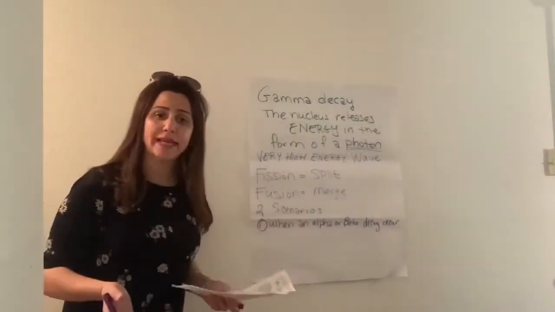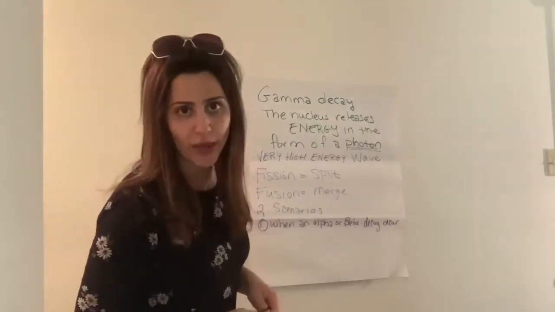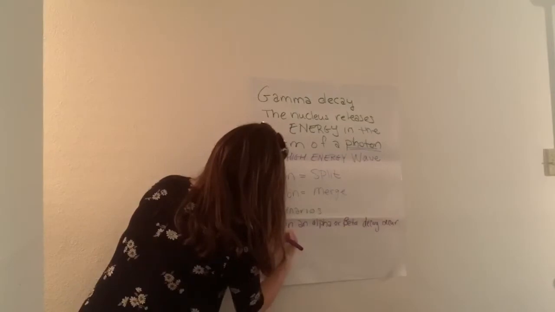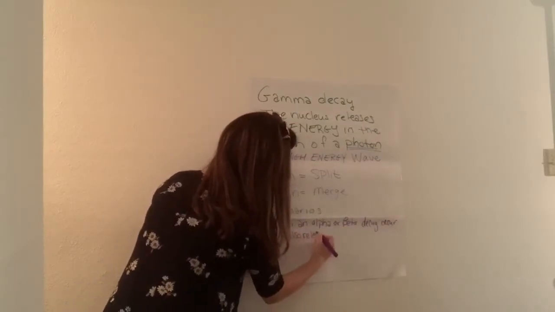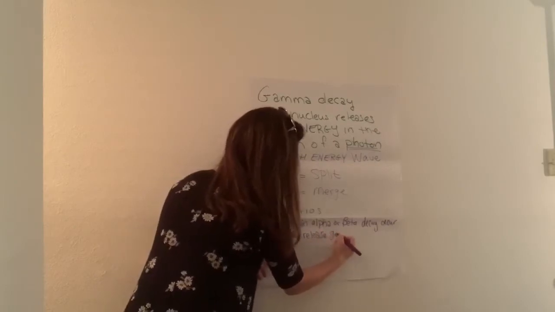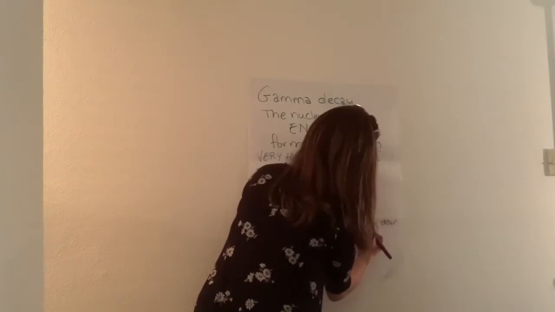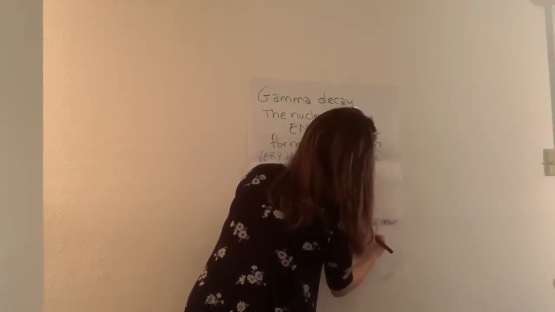remember, an alpha or beta decay, when that happens, it's releasing particles from the nucleus, okay? So when that happens, it will also release a gamma ray, or will also release gamma radiation.